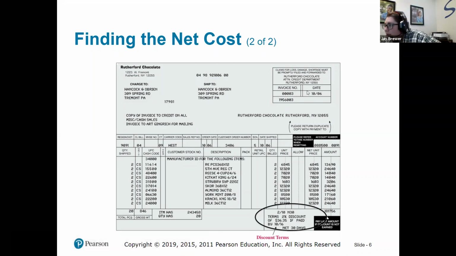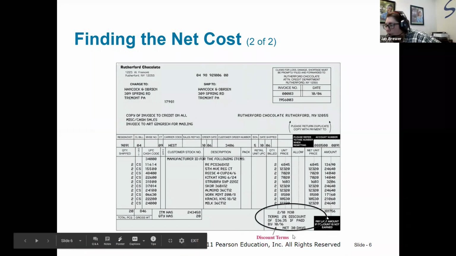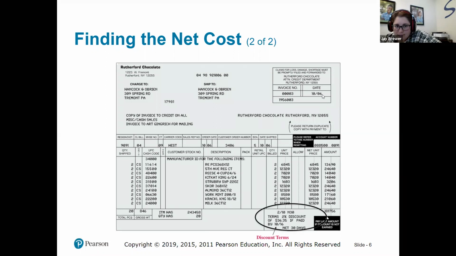So the invoice is 10/6. Oh, so their due date would be 30 days after 10/6. So that's why they were saying about that whole ordinary dating thing. You literally have to count out when some of this is due. So if you don't currently have a planner, get a planner or get one on the internet because you will be counting out a lot of days.